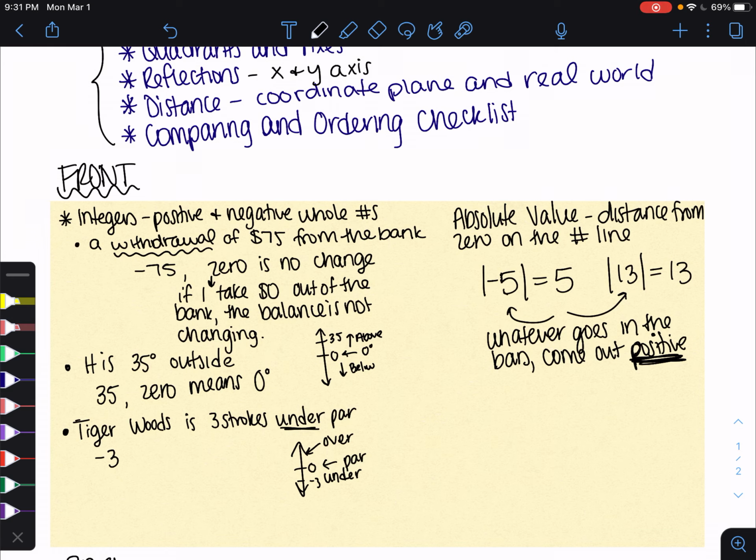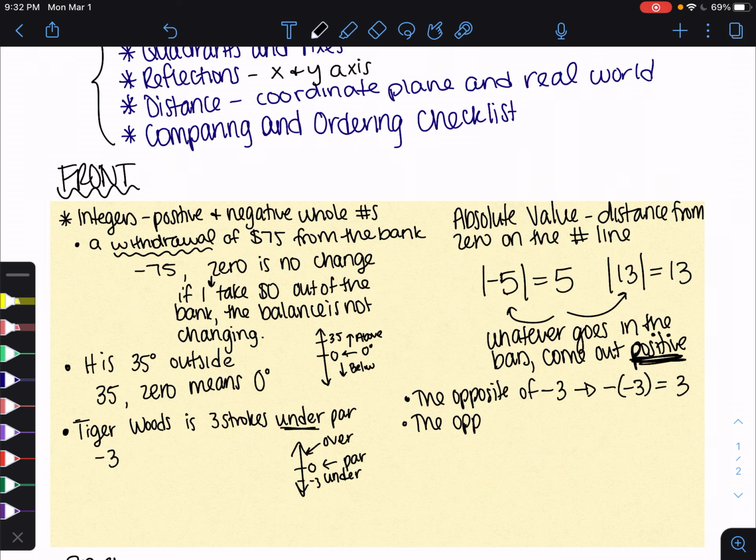And we've talked about that a lot, and I've had you guys say it a lot. When I'm looking at opposites, things like the opposite of -3, the opposite of -3 is +3.